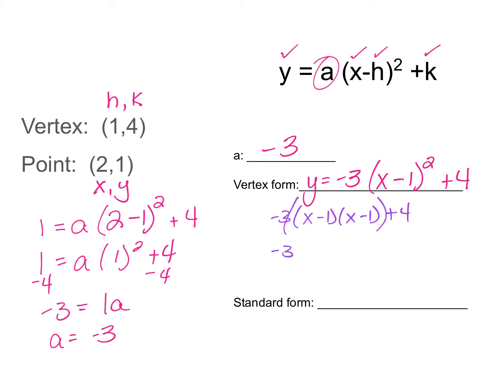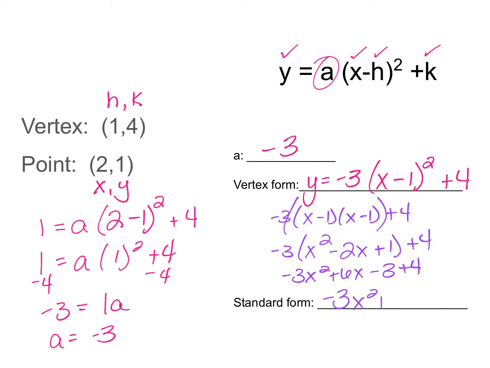So this would be negative 3 times (X squared minus 2X plus 1). So negative 3X squared plus 6X minus 3 plus 4. And let's see, I guess standard form, negative 3X squared plus 6X plus 1.